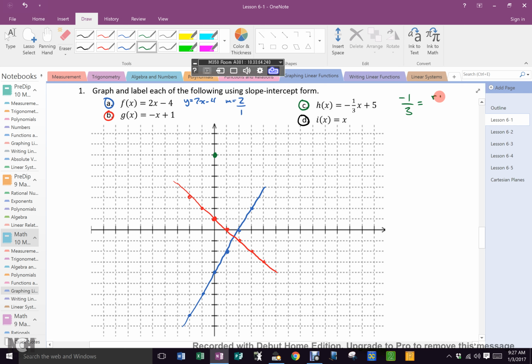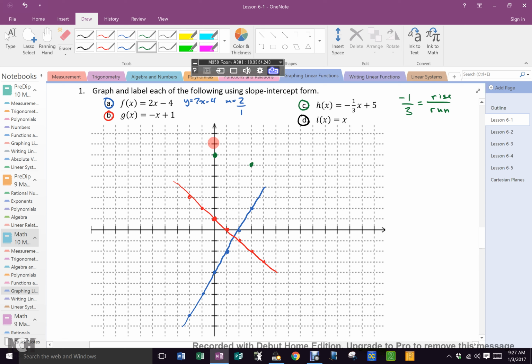Slope is always rise over run. So what's my rise of negative 1? Is that up or down? Down 1. And then right or left 3? Right.